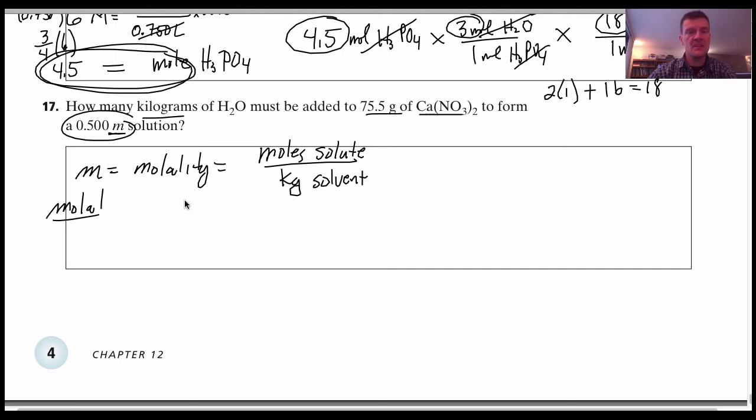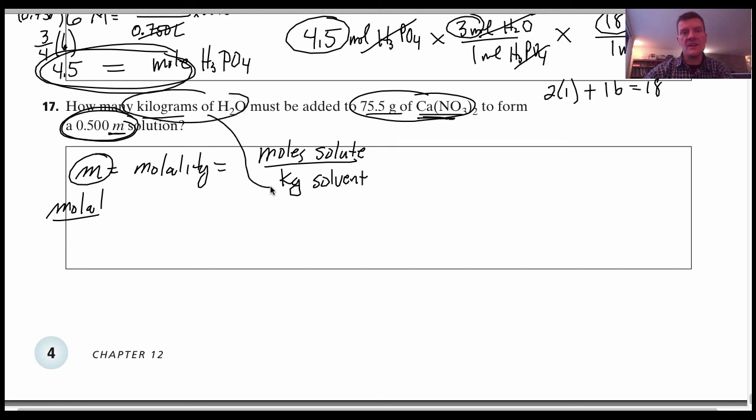Okay? So let's see what we're given here. We are given the actual molality. We're given this number. Okay? And we're given mass of the solute. That's the solid that you're going to dissolve in water. And we want to find out kilograms of water. We want to find this bottom number down here. Okay? So let's put in some values here.